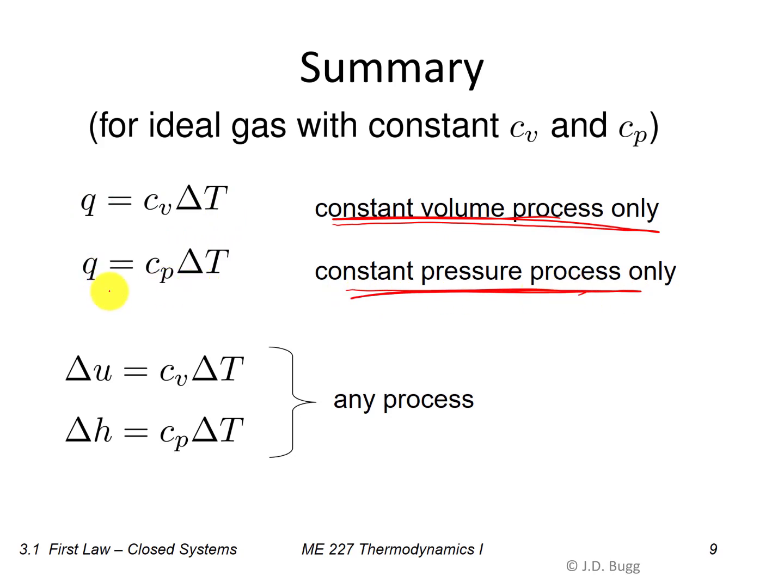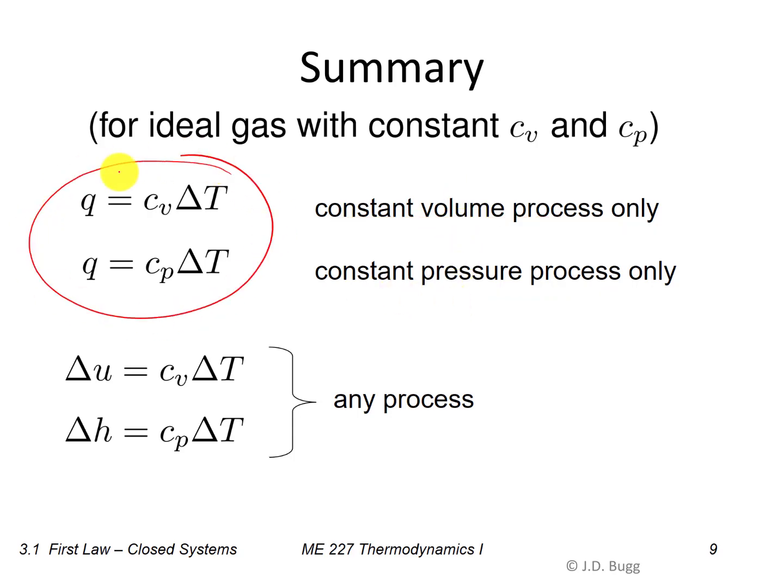So Q equals Cv delta T only for a constant volume process. Q equals Cp delta T only for a constant pressure process, because we made those assumptions in order to get to those equations. Those are the two equations we developed in the previous few slides.